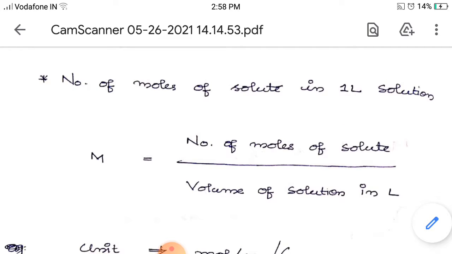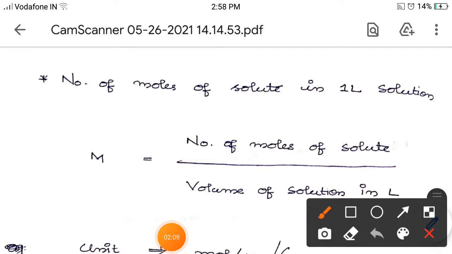If in a problem you are given milliliters instead of liters, you have to convert it. Don't forget to convert milliliter into liter. So molarity means, in 1 liter of a solution, the number of moles present.